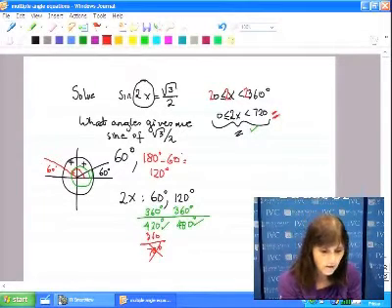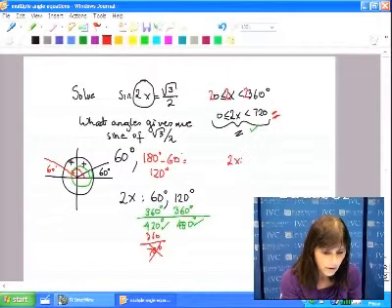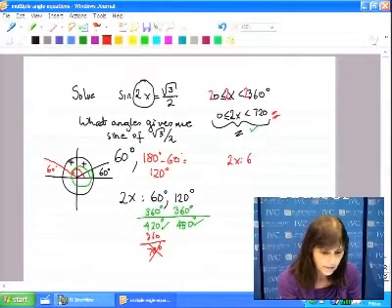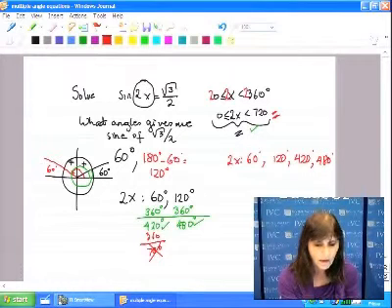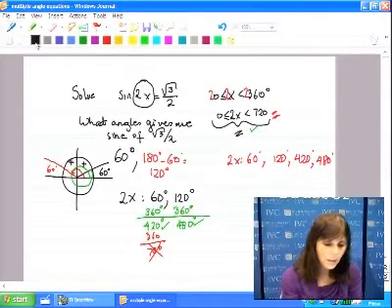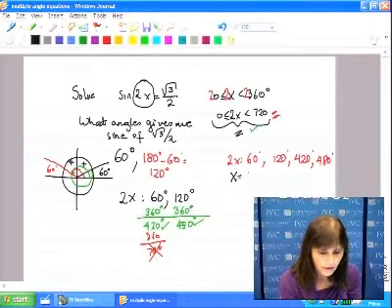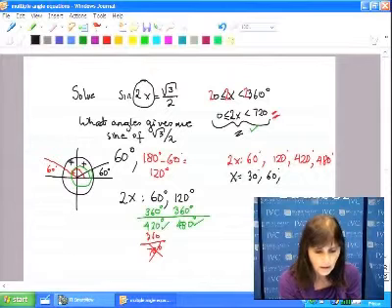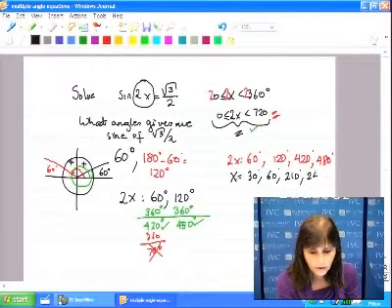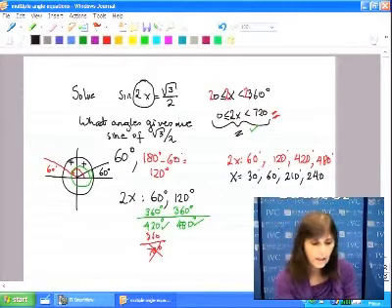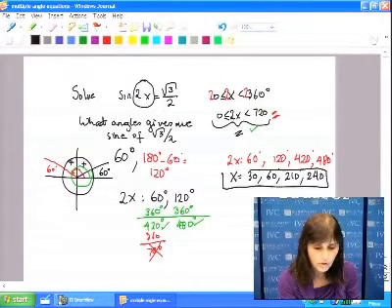So my 2x is going to be 60, 120, 420, and 480, right? Now, what does that mean? My x is going to be half of that. So it's going to be 30, 60, 210, and 240. Okay? So that is my answer to this question.